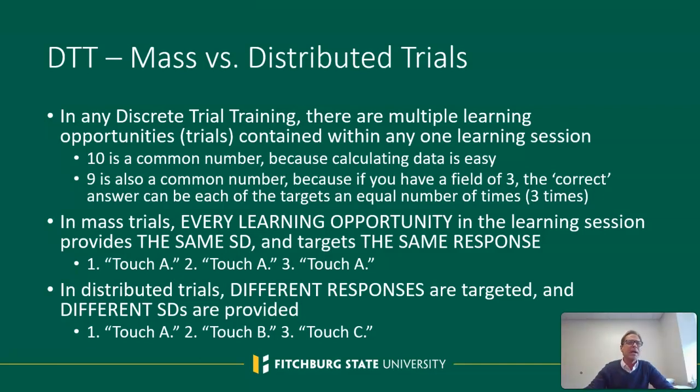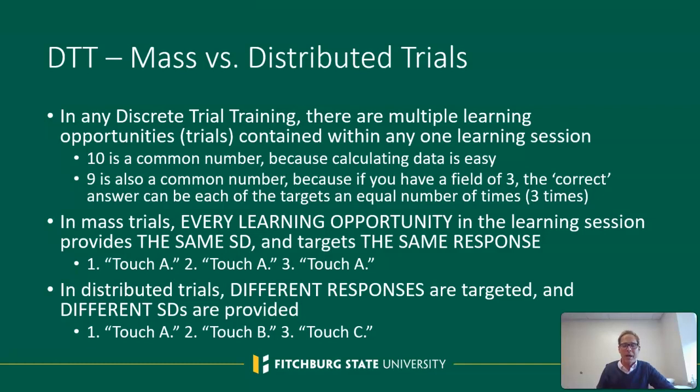as correct responding. Now, as opposed to mass trials, in distributed trials, different responses are targeted and different SDs are provided. So in that same situation where I have an A, a B, and a C, my first trial might be touch A. Nice job, that is touching A. My second one might be touch B. My third one might be touch C. Okay, so now I'm targeting different responses, and so it's important that the learner is attending to the SD that's being provided and is responding conditionally based on what that SD is.